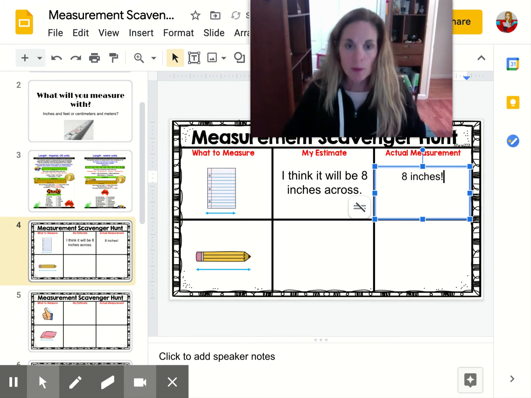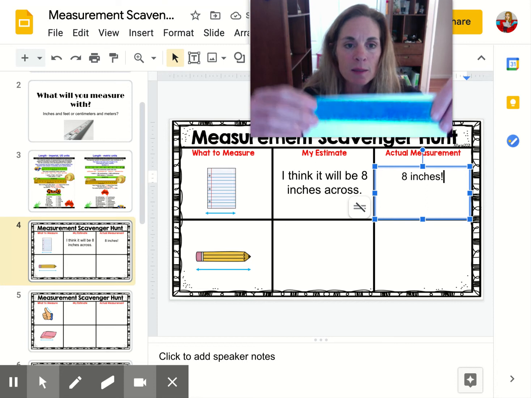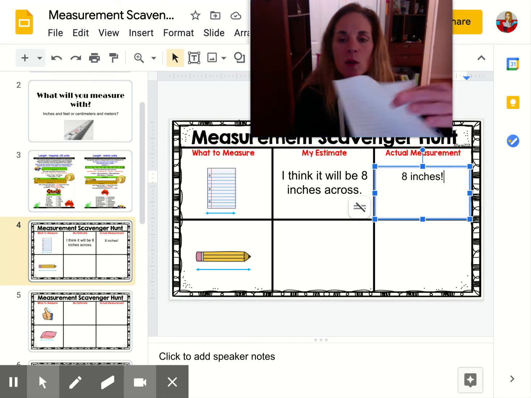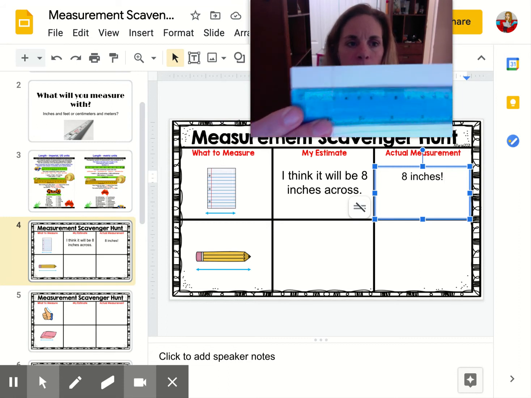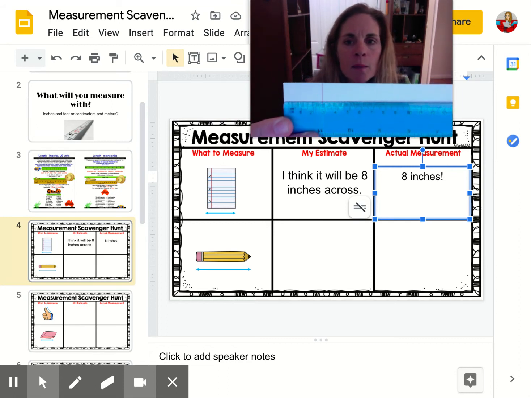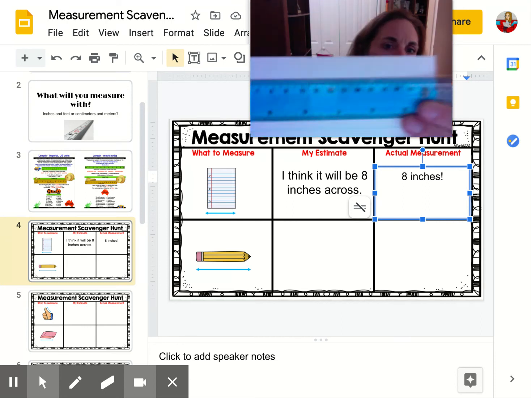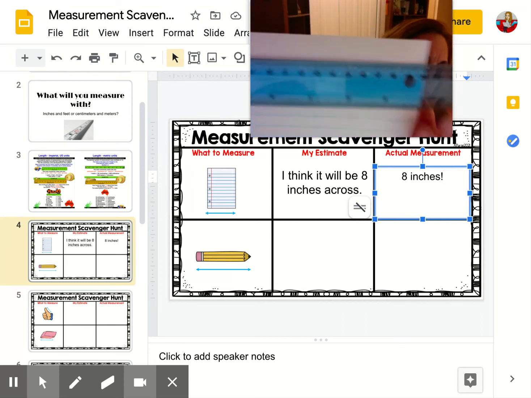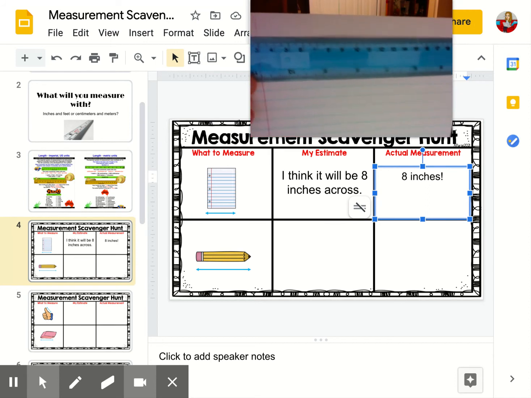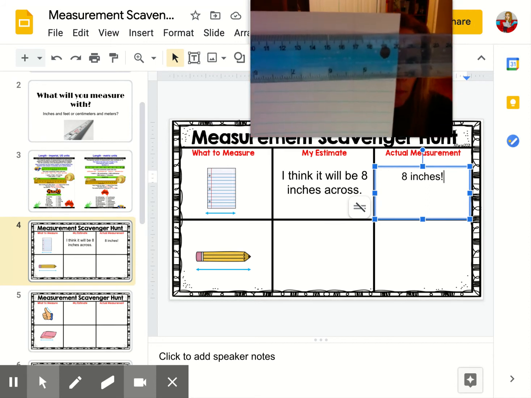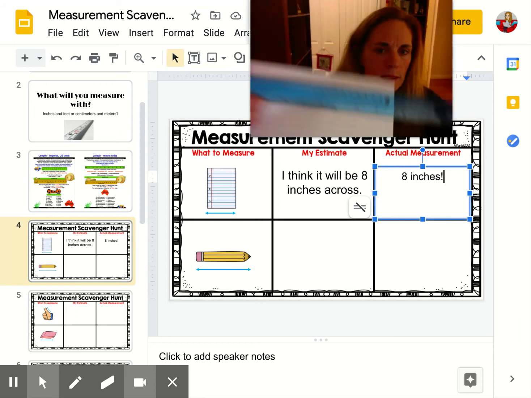Now, I think I'm going to also measure this with centimeters since I have both. So I have to flip my ruler around, and then I'm going to put my paper here, and I'm going to look and see, let's see, where are we here? Here we are. It's about 20 centimeters.